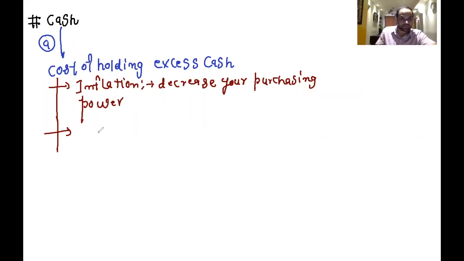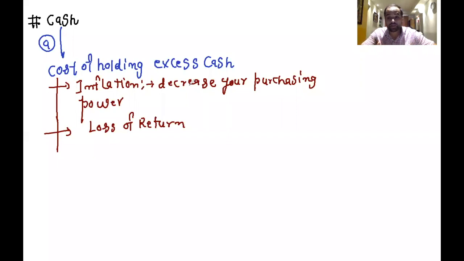Next is loss of return. If we have cash, we should keep only sufficient cash, only enough for the daily or regular activities. But if you are holding excess cash, you are losing an investment opportunity.